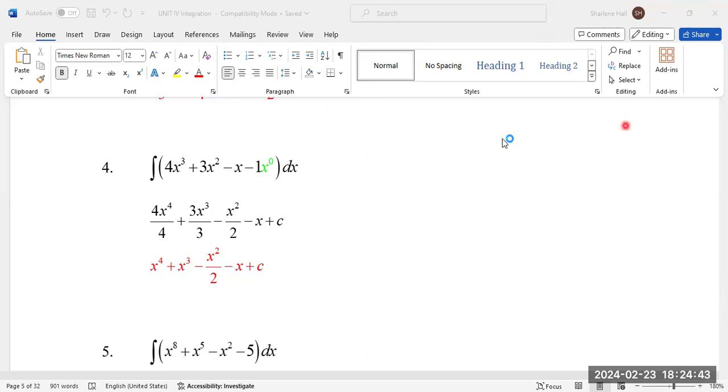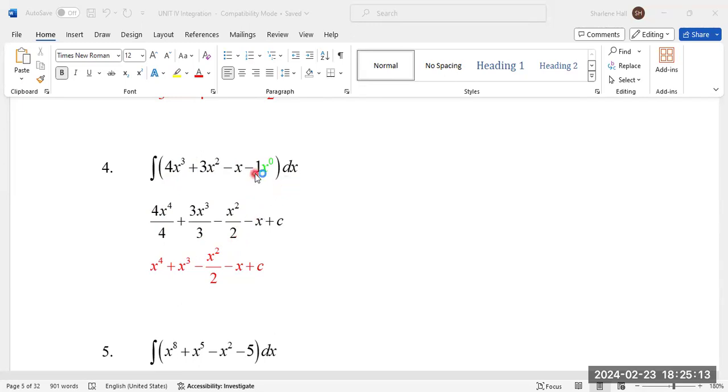So we're adding 1 to 3 to give us 4, and then we're dividing by 4. So it's going to become 4x to the 4th over 4, see it right here, plus 3x cubed over 3, see it right here, minus x, remember this is x raised to the first power, so it becomes x to the second power now, over 2.